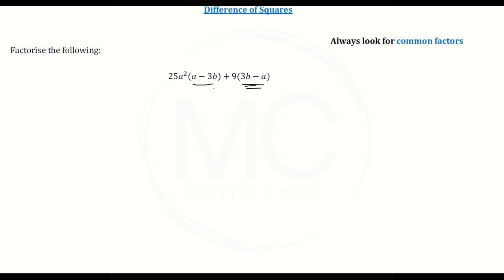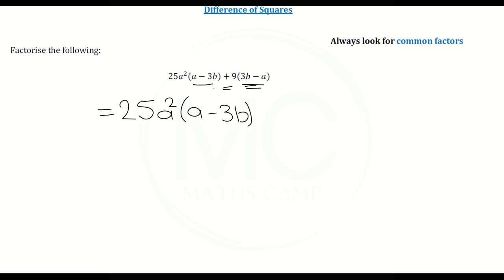In previous videos, we learned that to do this, we need to change the operation of the term in front of the bracket. So we can do this now. We can say 25a squared. Let's open our bracket, leave it as a minus 3b.